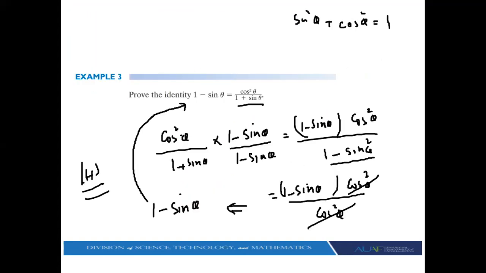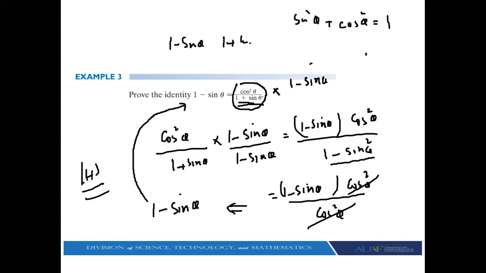I told you when this type of question is given, like in fraction, and we have like 1 minus sine theta or 1 plus cosine theta, to solve this type of question, you need to multiply the denominator with the same terms but with a different sign. Like we have 1 plus sine, so you will multiply with 1 minus sine. Correct?